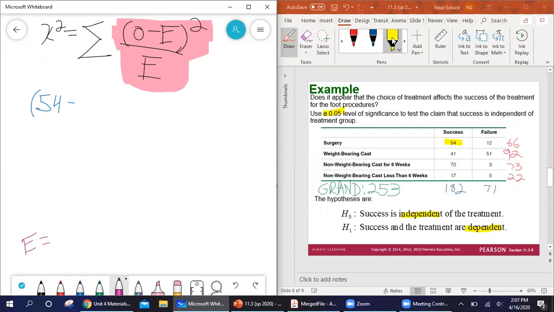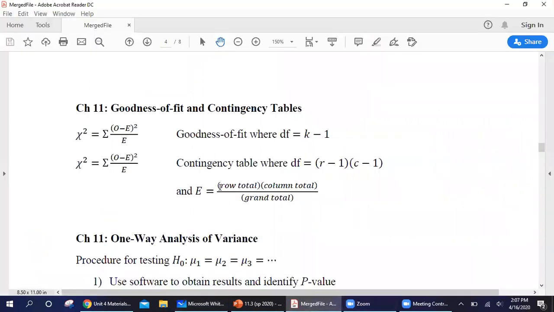The expected is the row total, so the row that 54 is in, 66. The column the 54 is in is 182. I have to divide that by the grand total, 253. And again, just a reminder, what I'm using is this: row total times column total divided by grand total. That's to get the expected for just this cell.